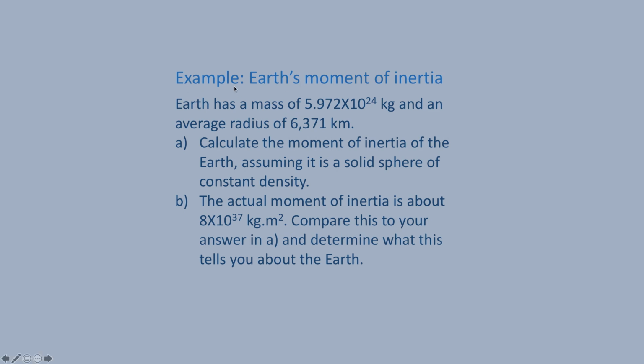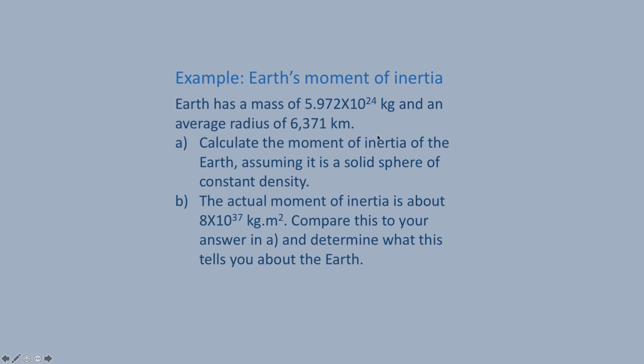The first one is calculating the Earth's moment of inertia, and the information we have is that the mass is 5.972 times 10 to the 24th kilograms, and it has an average radius of 6,371 kilometers. The other piece of information which is not here, but is hopefully obvious, is that the Earth is a solid sphere. So we want the formula for the solid sphere, and this mass and this radius.